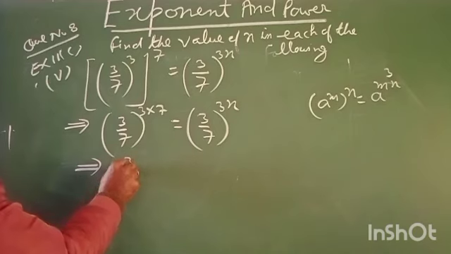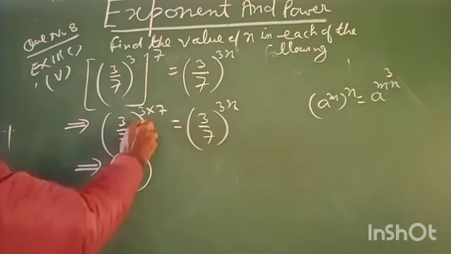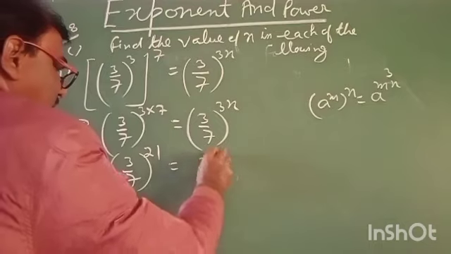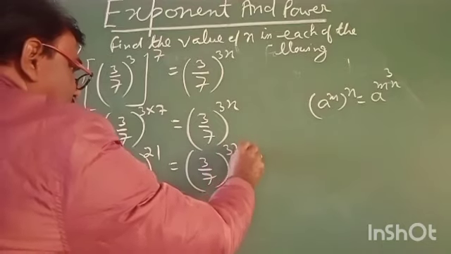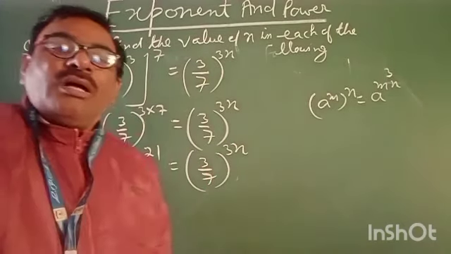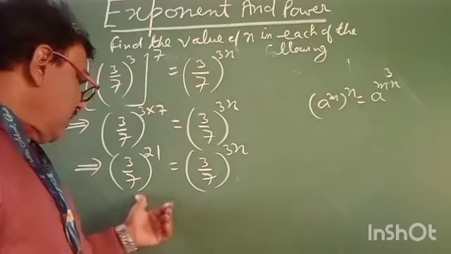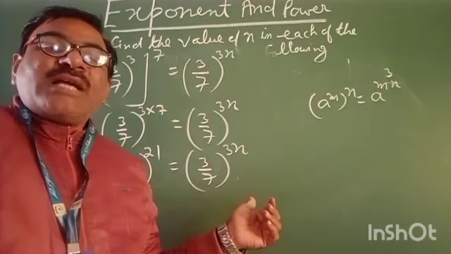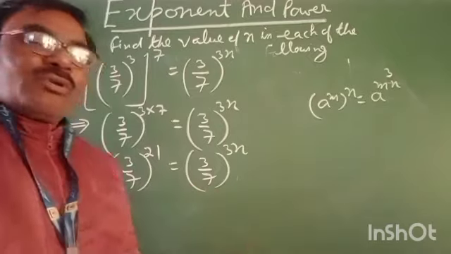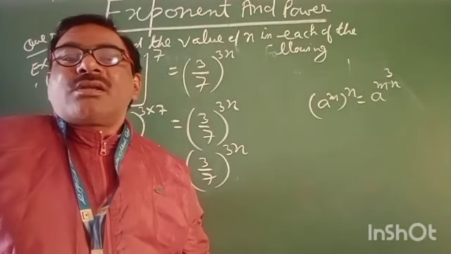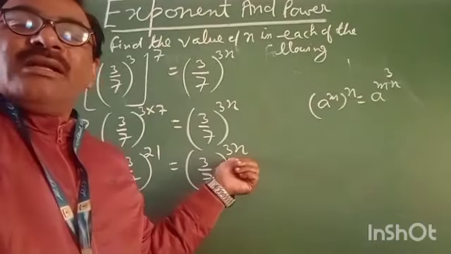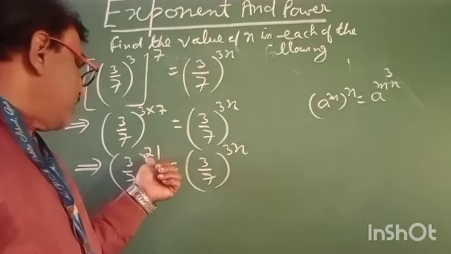Here (3/7) to the power 3 times 7, 3 sevens are 21, equals (3/7) to the power 3n. As you see here, the base of both sides is the same, so I will compare the power of both sides. Here the power is 3n and here the power is 21.